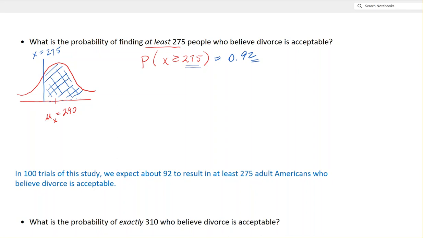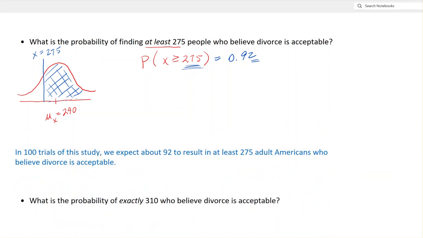If I were to repeat this experiment 100 times using the exact same sample size of 500, 92 of those repetitions are going to result in 275 or more people believing divorce is acceptable. So that's how we interpret this probability. Remember, we were practicing interpreting probability back in chapter 5, and we're going to continue to interpret it here in chapter 6.